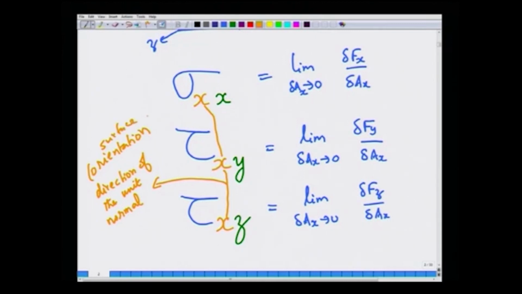That is the purpose of the first subscript. The second subscript, the green one, tells you the direction of the forces.